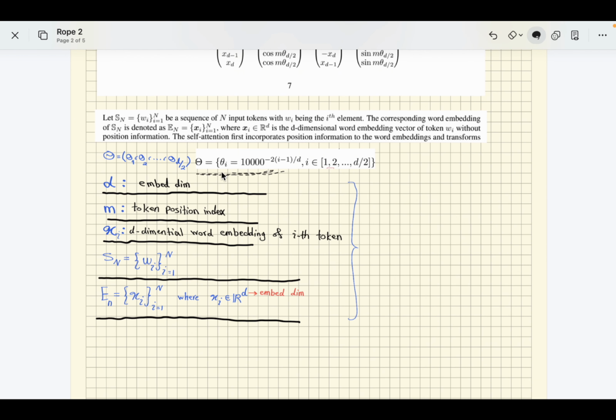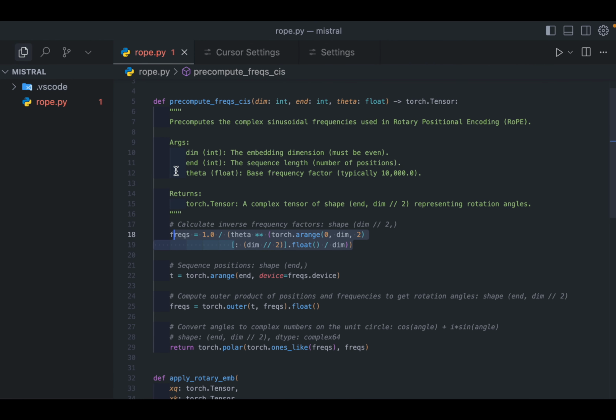Then we have all the m's here, because we don't want to calculate them one by one. We have them in the form of a vector from 0 all the way to m.